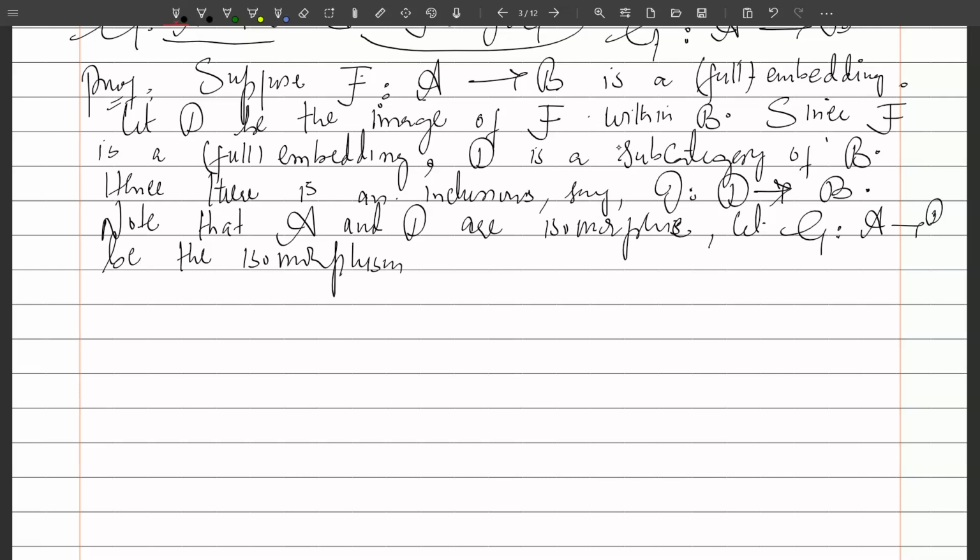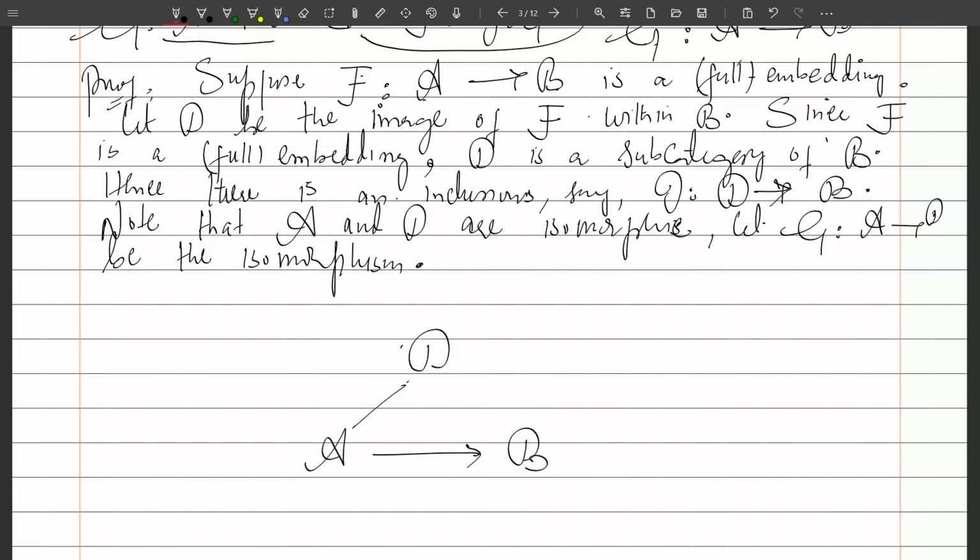Now with G being the isomorphism, if we look at the diagram, D is here, and we have category A here, category B here.